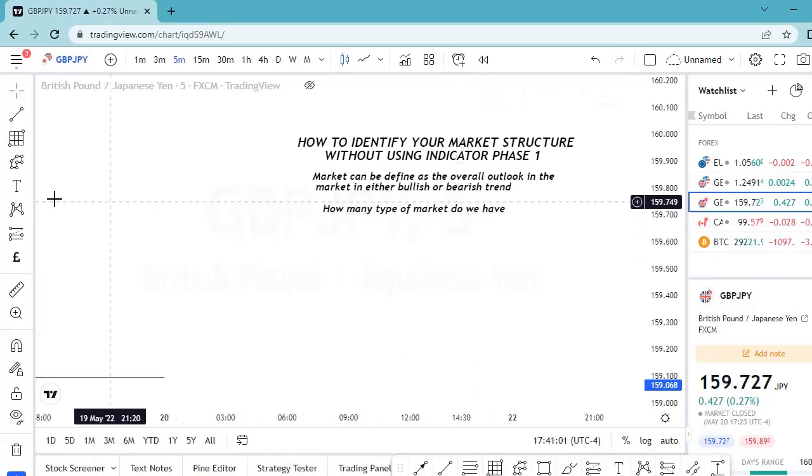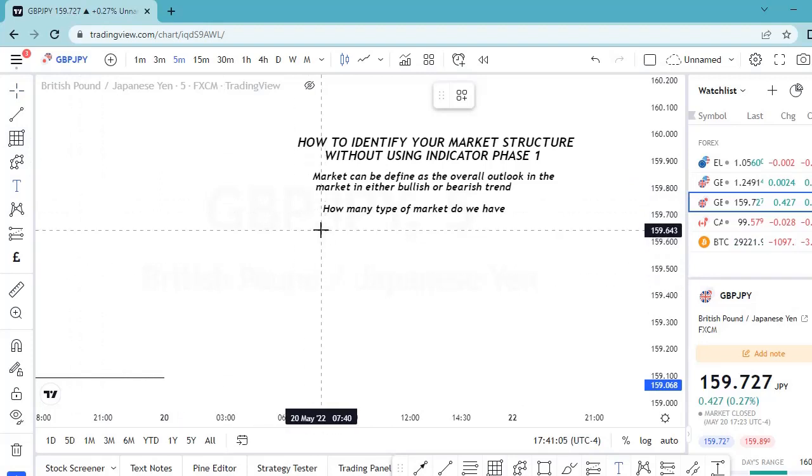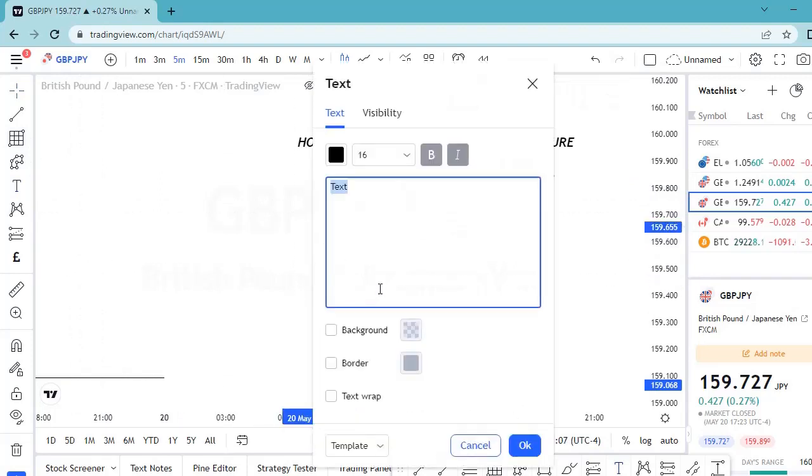The first one is the bullish trend. Number one, bullish trend. And number two, we have the bearish trend.